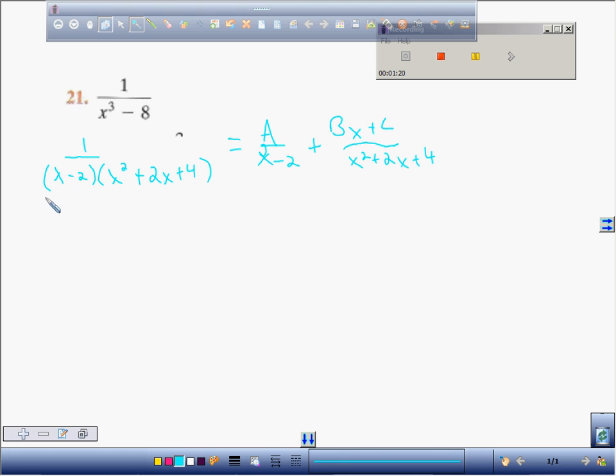The difference of 2 cubes, if this is a cubed and this is b cubed, you could write that in factored form as a minus b, right? This is a perfect cube, right? This is x cubed, and this is 2 cubed.